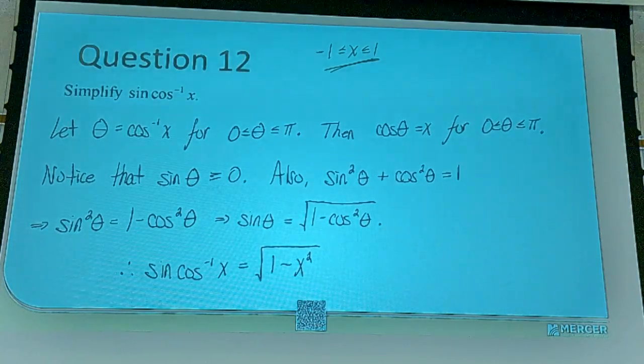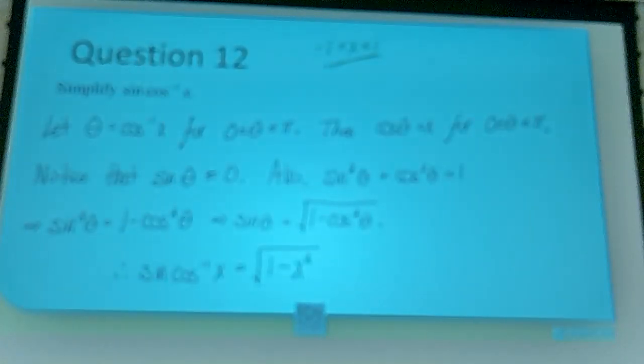Really, it doesn't come in until Calc 2, when you study trig sub.